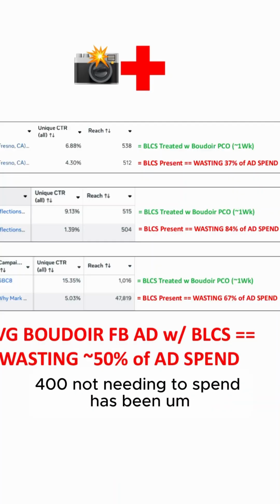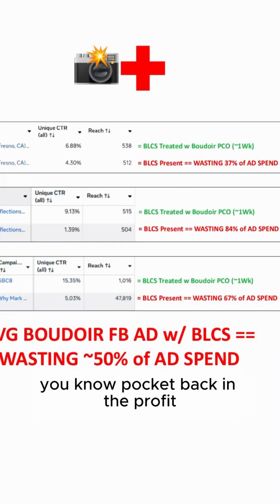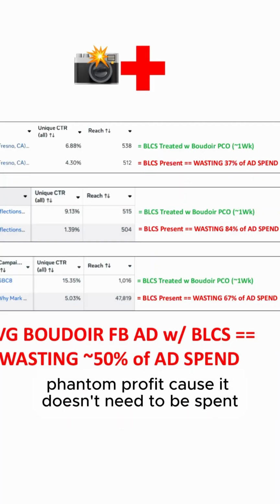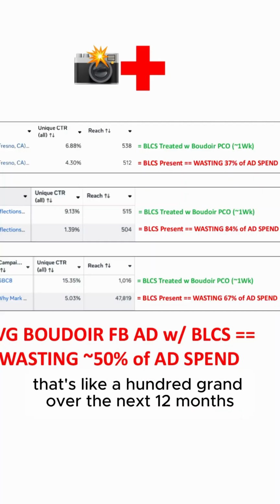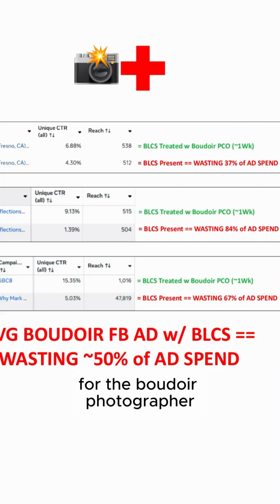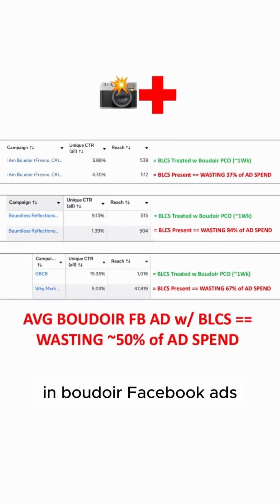So 8,400 not needing to spend has been pocketed back in the phantom profit, because it doesn't need to be spent. That's wasted spend eliminated. It's like 100 grand over the next 12 months for the Boudoir photographer that's spending 10K a month in Boudoir Facebook ads.